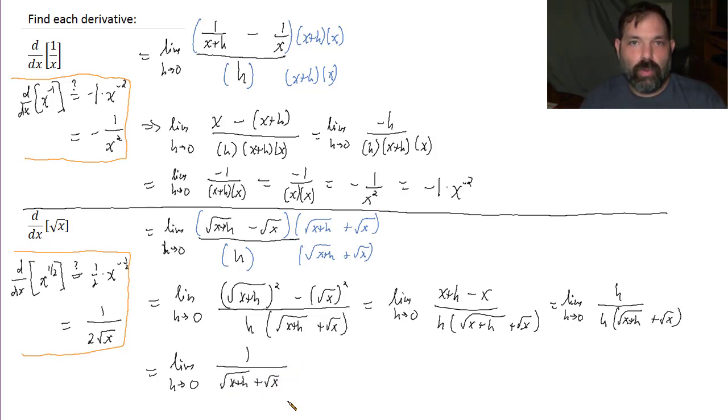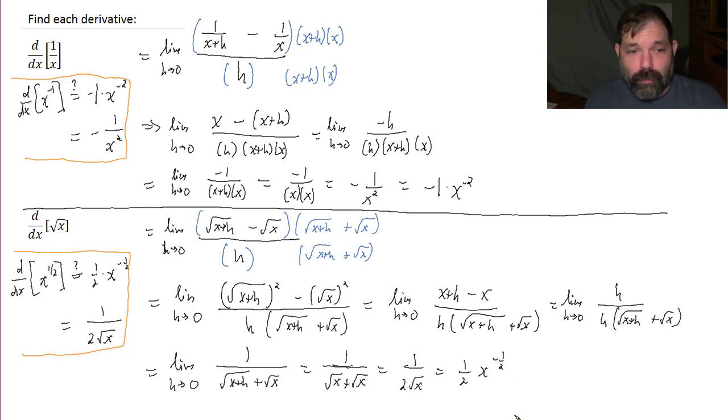Now I can let h approach 0. Letting h approach 0, that's 1 over the square root of x plus the square root of x. So that's 1 over 2 times the square root of x, which is equivalent to 1/2 x to the negative 1/2.